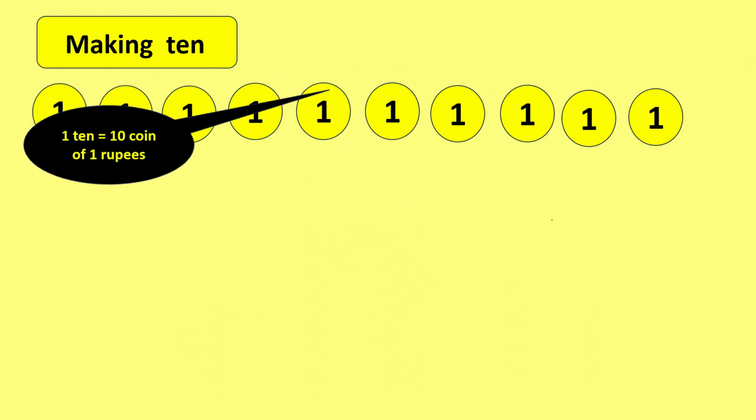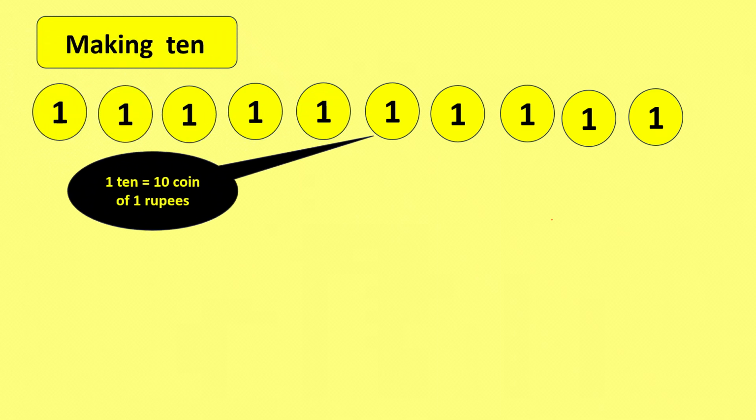Okay, come on, look at the next one. So 10 means 10 coins of 1 rupee. To make a 10 we just have to collect 10 coins of 1 rupee. Then we make a 10. Hope it's clear to you.